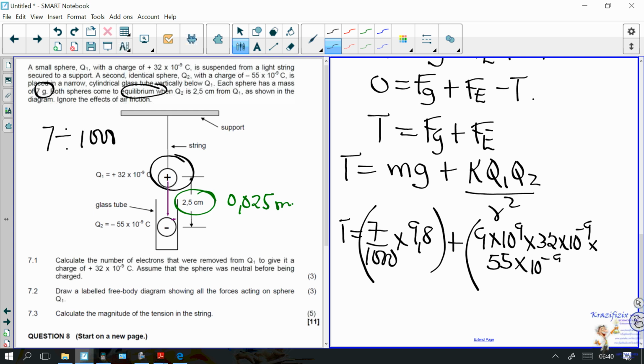Are we there? Everything divided by, what's my distance? 0,025. Don't forget, it is squared.